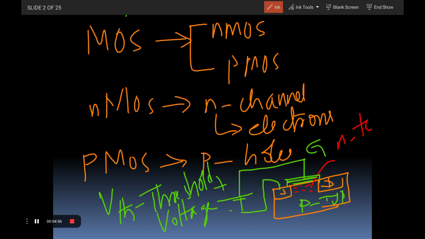That is generally called the threshold voltage of a MOS transistor. So whenever you supply that minimum voltage, the corresponding nMOS or pMOS transistor is going to be in the on condition. That is very important, right? That is a very basic important thing. Okay, let us move on to the next slide.